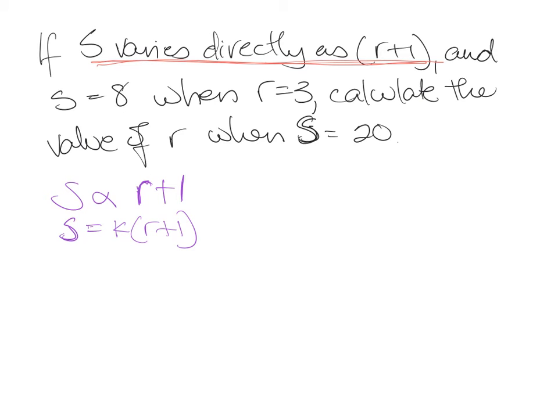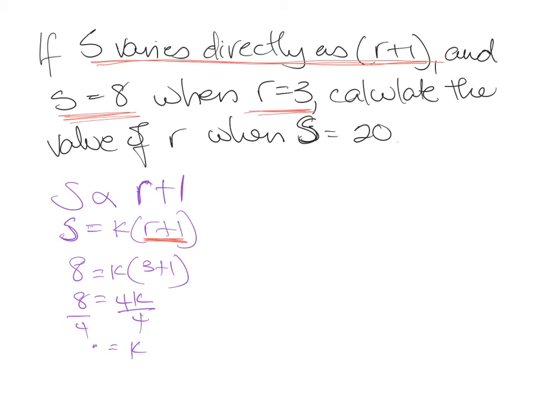Please notice it's important that I put the r plus 1 in brackets, because the number has to multiply by the whole r plus 1. The further information they give us is, when s is 8, r is 3. So 8 is equal to some number by 3 plus 1, which gives us 8 by 4 by k. I divide both sides by 4 and I get that k is equal to 2.